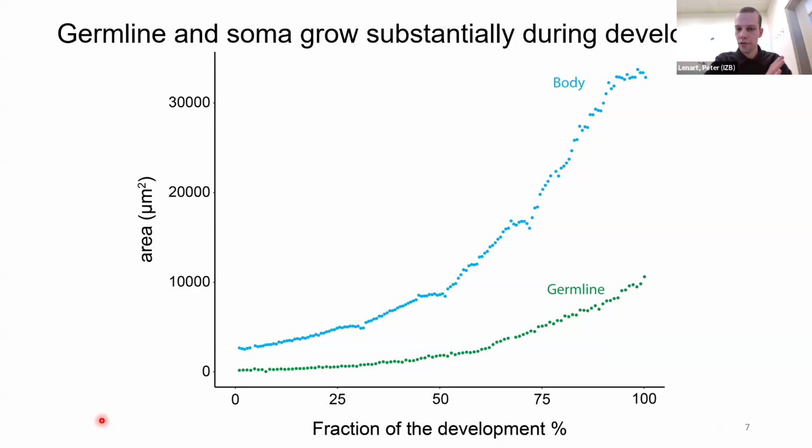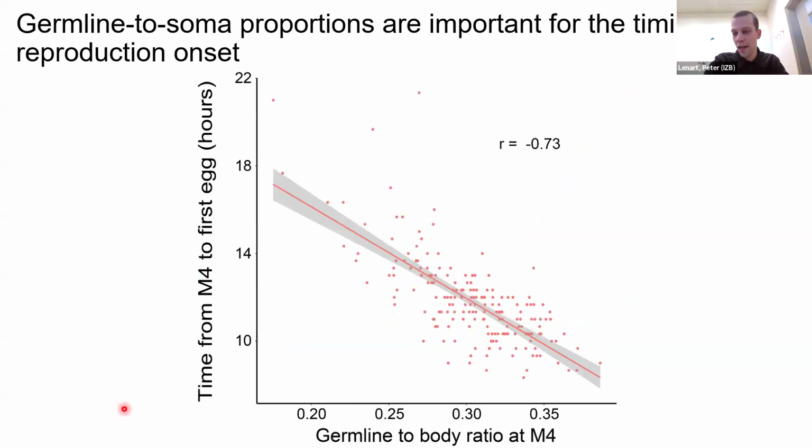So using this approach, I have found that germline to body proportions at entry to adulthood are very important because they show a very strong negative correlation with onset of reproduction. So the bigger a given worm has its germline relative to its body, the sooner it will start to reproduce after reaching maturity.